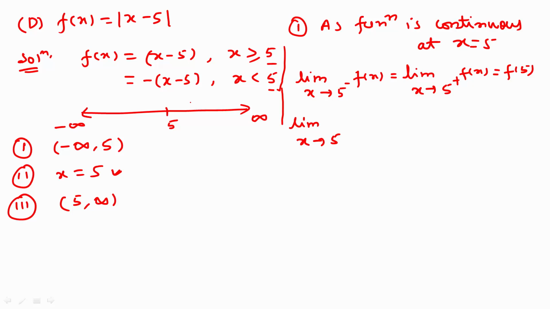When the value of x is less than 5, we will take this function, that is minus (x minus 5), is equal to limit x tends to 5 plus, which means that x is greater than 5, so we will take the function x minus 5, is equal to f of 5. Again take the function x minus 5.